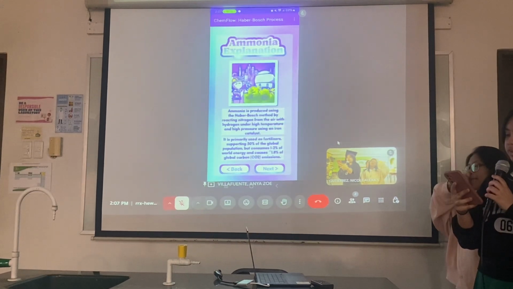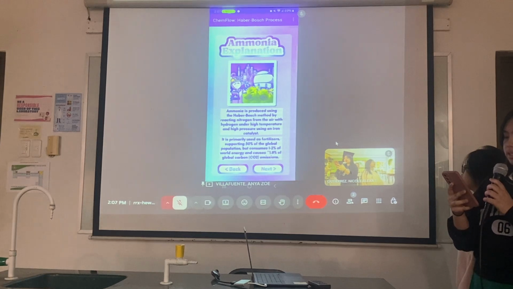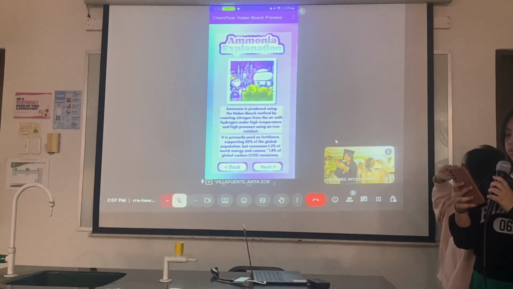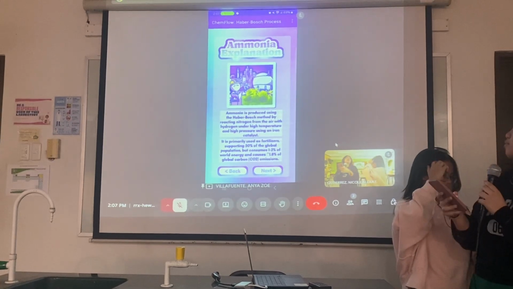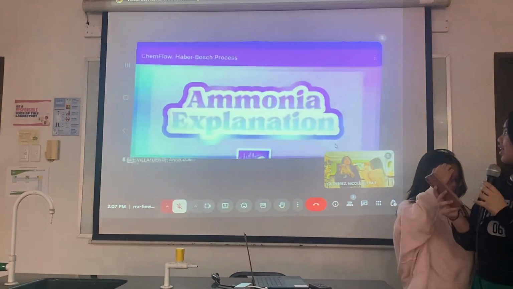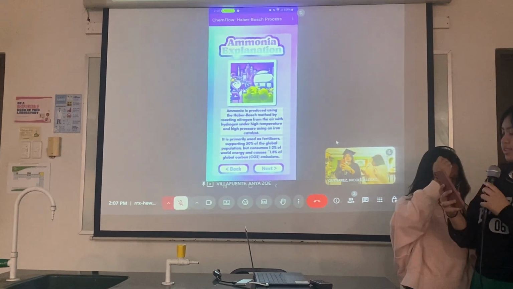After the scaffold information, we have additional information about ammonia. I'll just skim through all of this. It explains how ammonia is produced and what it is used for. And it has a visual picture for the viewer to really understand our point.